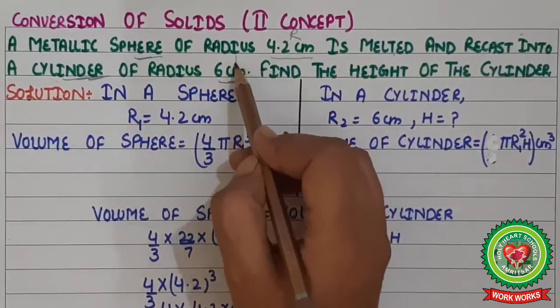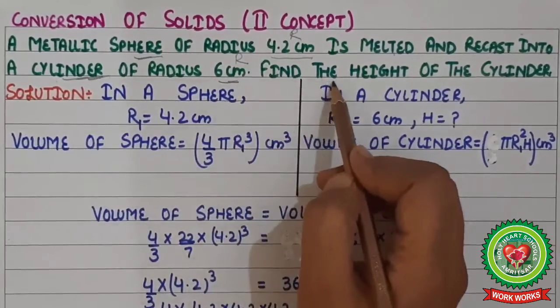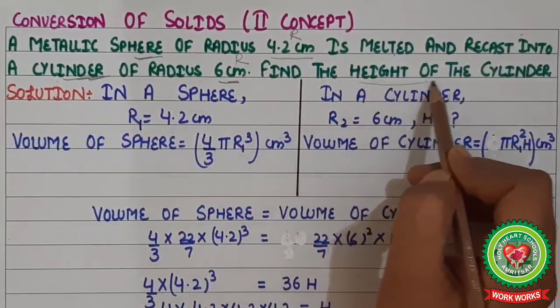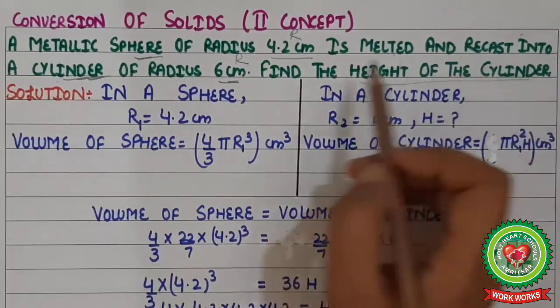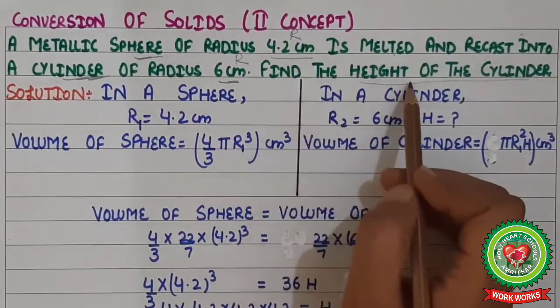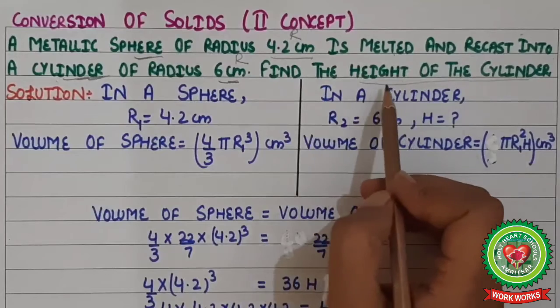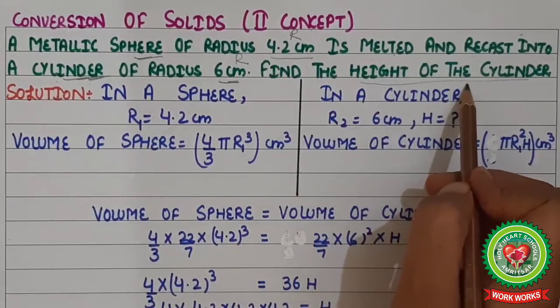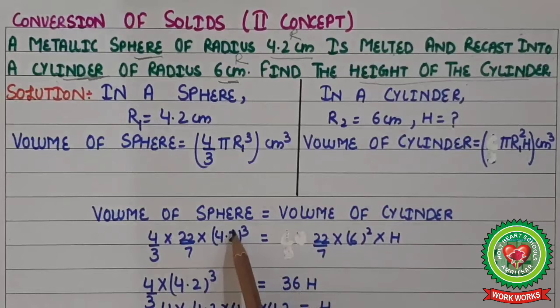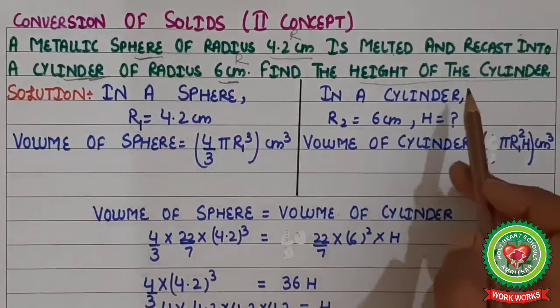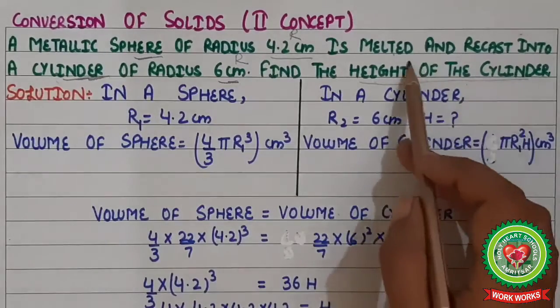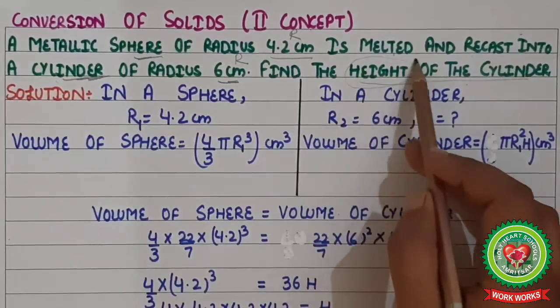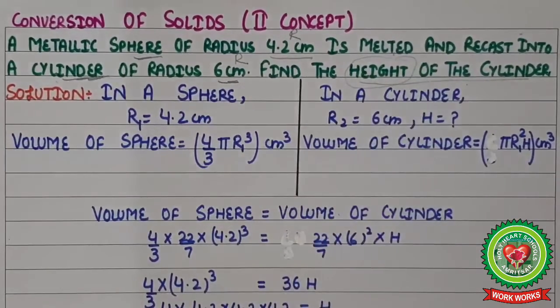We have to find the height of the cylinder. In this second concept, if we have to find R or H, both the volumes will be equal. We will equate both the volumes and we will get the value of R or H, whichever is required. Here we are to find the value of height.